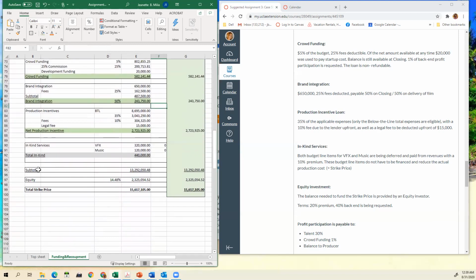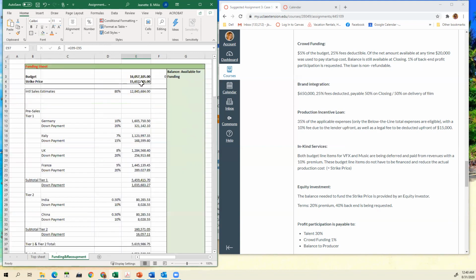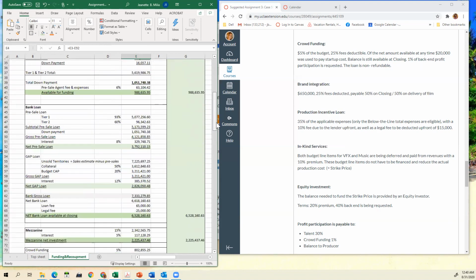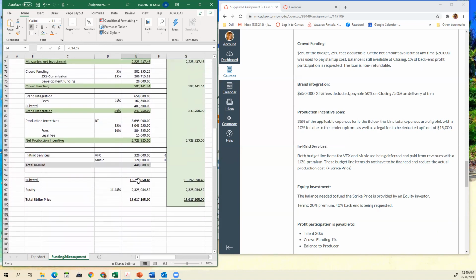So we're getting a subtotal of $13 million. However, we need to figure out what equity do we need, and the way we figure this out is we're going to take our incentive, our strike price, and we are deducting from the strike price our subtotal, which is 13 million, which leaves us then with another 2 million that we need to finance, and therefore we have to finance 2,325,054 from our equity investor, which translates to 14.48%.